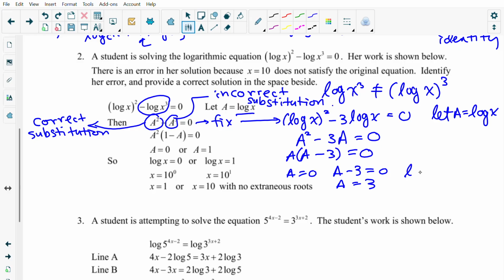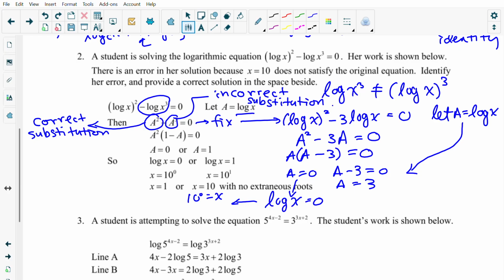So let's unsubstitute. So remember this one here. For this one, that's log of x equals 0. And how do I solve that? Let me solve it on this side. That's 10 to the 0 equals x.